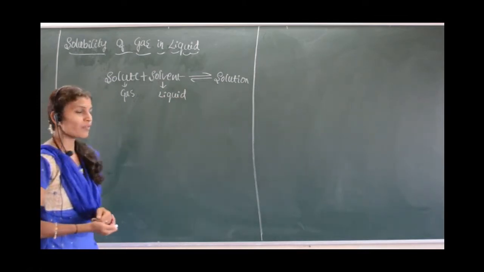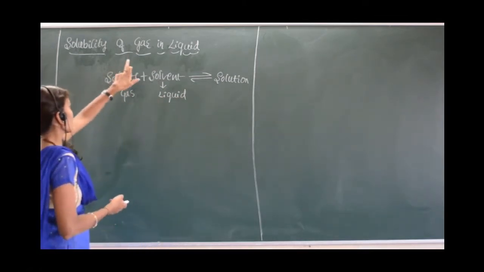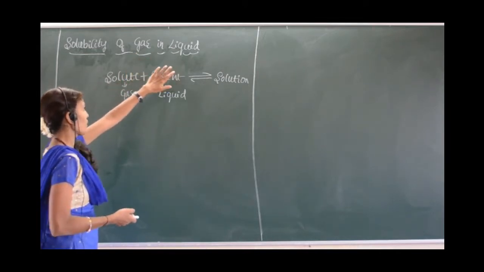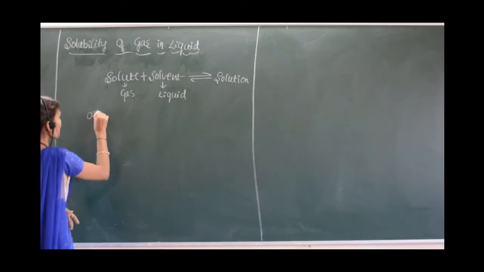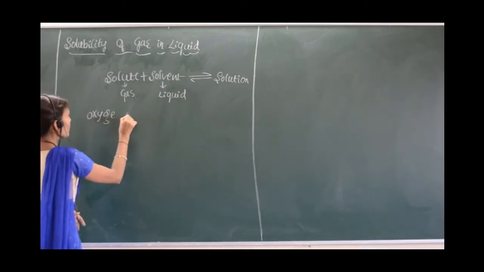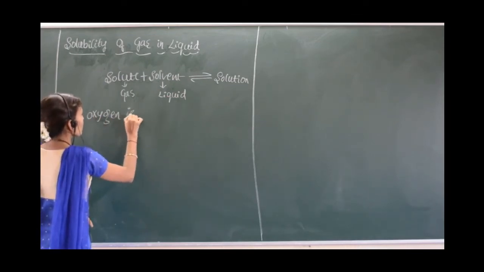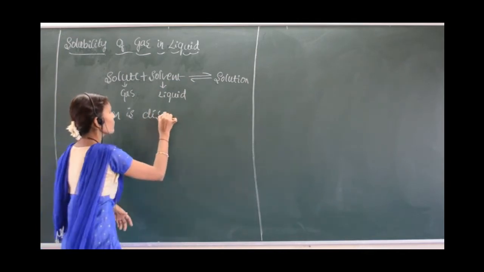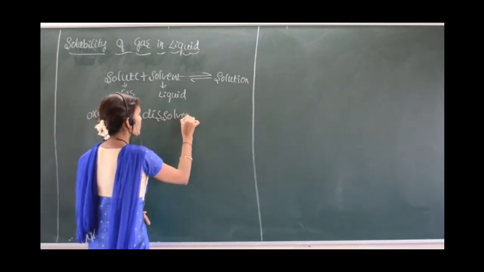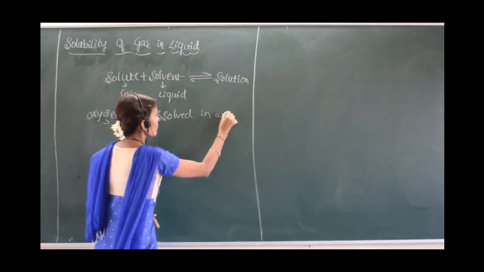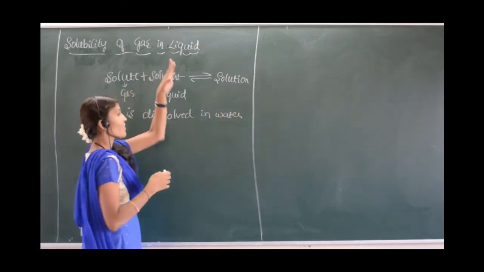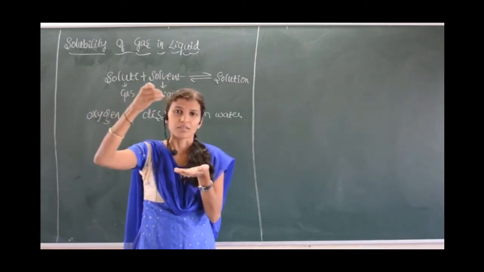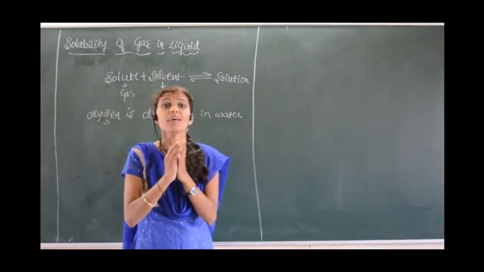So, an example for that is a gas dissolved in liquid. Example for the liquid solution, you can say that oxygen is dissolved in water. So, for the solubility of gas in liquid, the gas must be dissolved in the liquid.